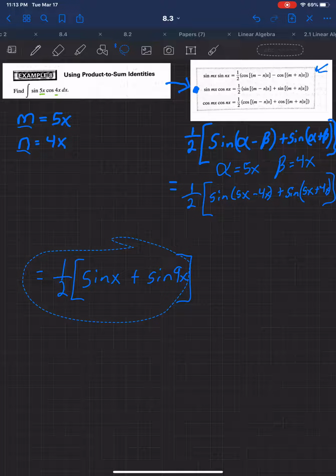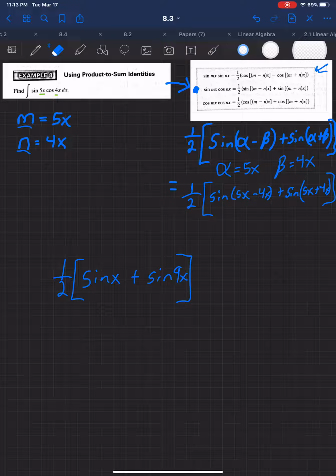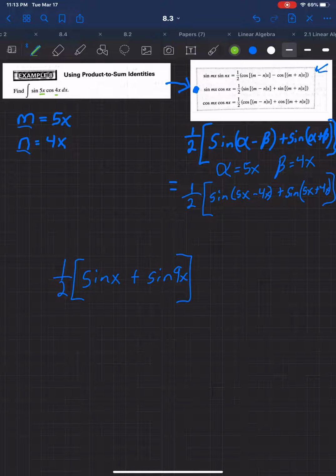Now, why do we care to do such a thing? Well, remember, sometimes we like to break up an integral into multiple parts and then just take the integral of those parts. We could not do that the way that example was set. But as soon as we use that product to sum formula, look, we can do this now.